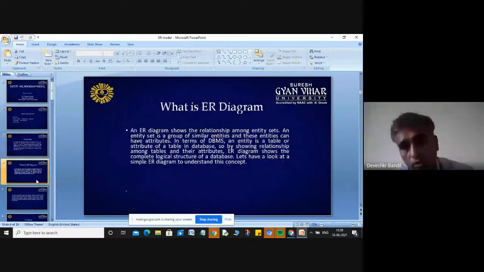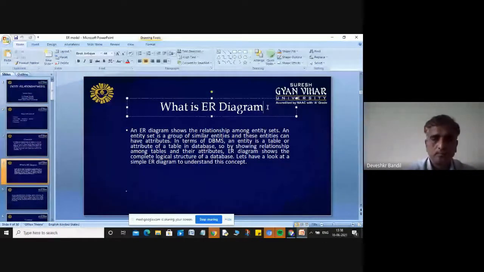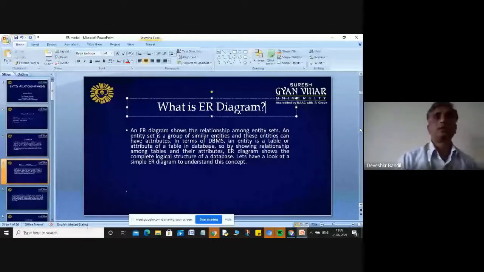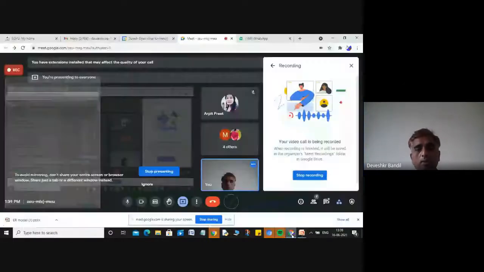Now, what is an ER diagram? As I had told, an ER diagram shows the relationship between entities. Also, you can say that an ER diagram shows the relationship among entity sets. I think all are familiar with the entity.